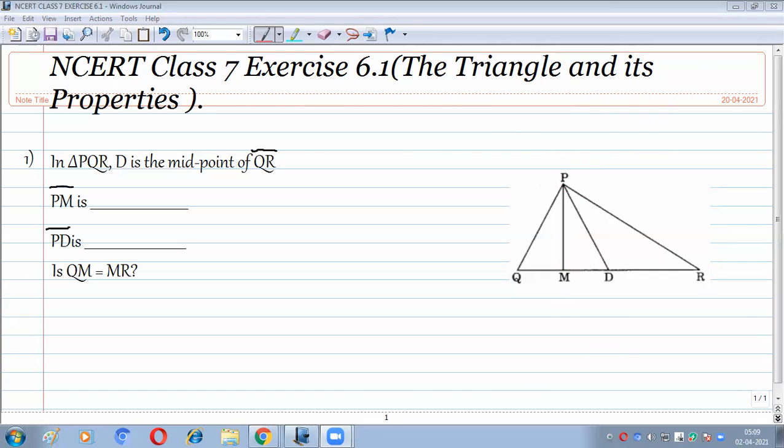So here P is the vertex, M is the perpendicular.